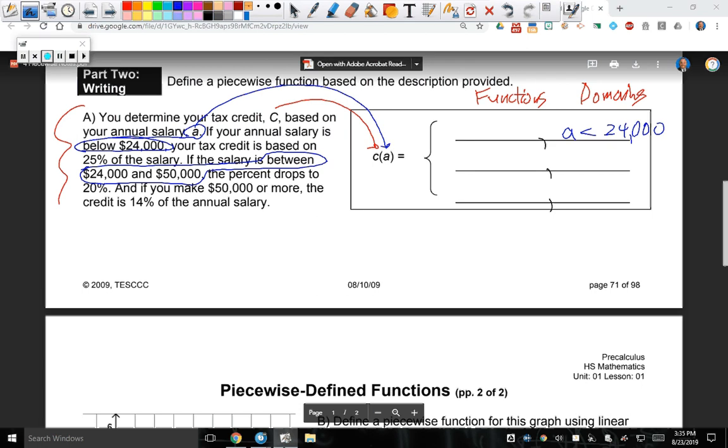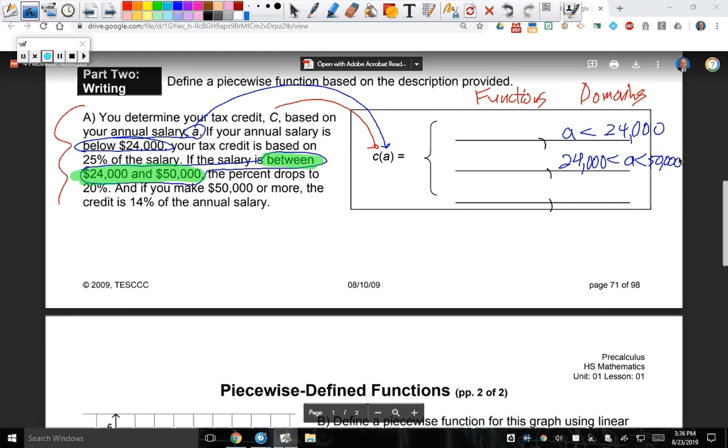But if it says between inclusive or including, then you put brackets. You with me? But if it just says between, I want you to think parentheses. They don't touch those numbers. Alright, so here we go. And that's the big thing that I'm wanting you to see, because it'll help you figure out everything else. Between 24,000 and 50,000.